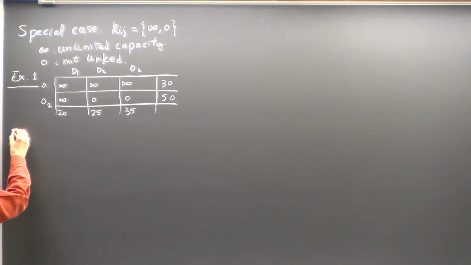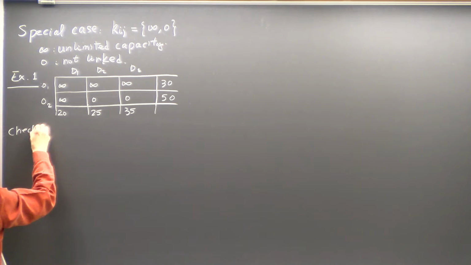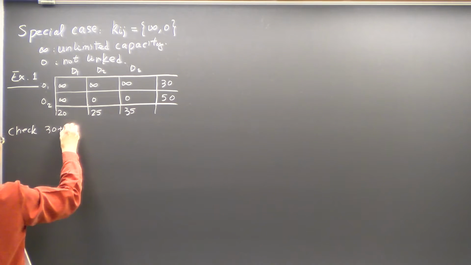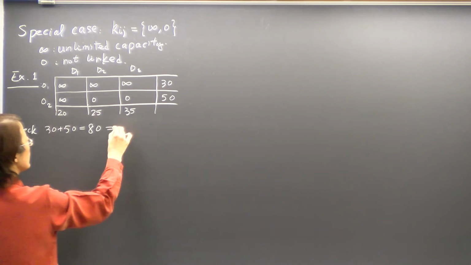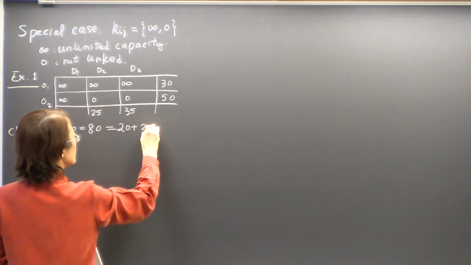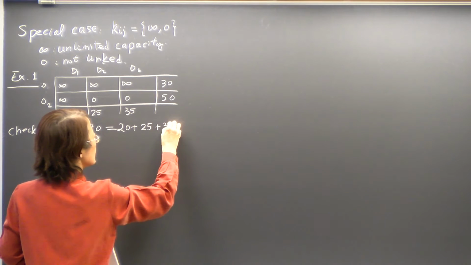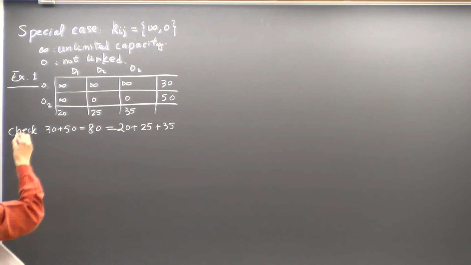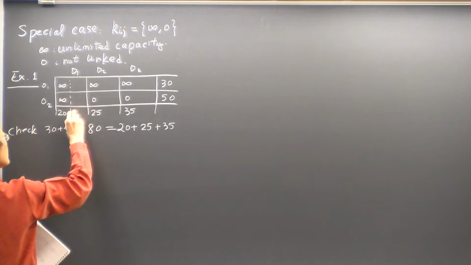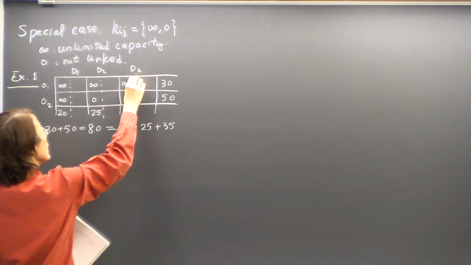Okay, you can easily check, verify that 30 plus 50, the total supply is 80, which is exactly the total demand. So if you shall find a feasible schedule, then there shall be no surplus, there shall be no unmet demand. Everything will be distributed, right? Okay, they exactly match.